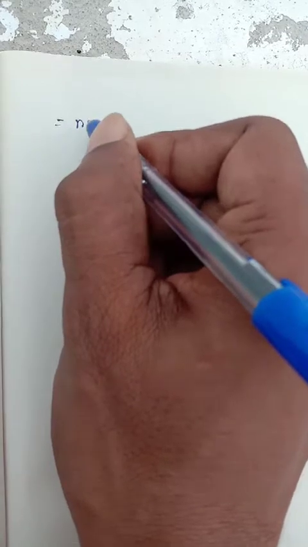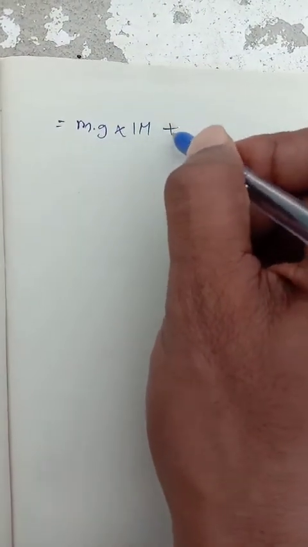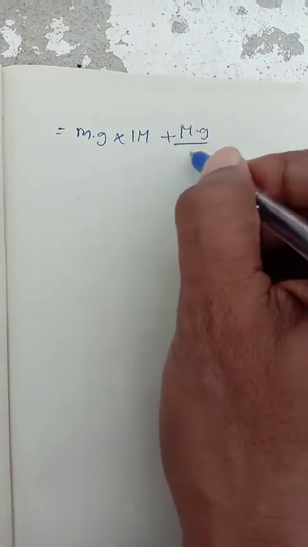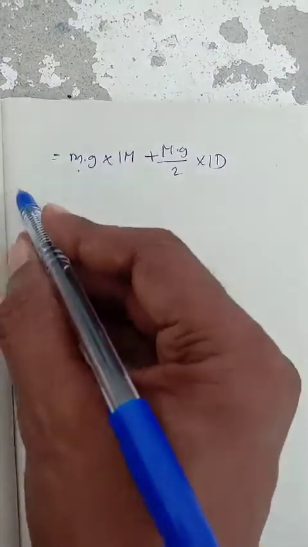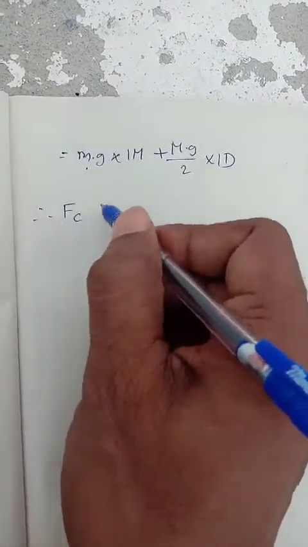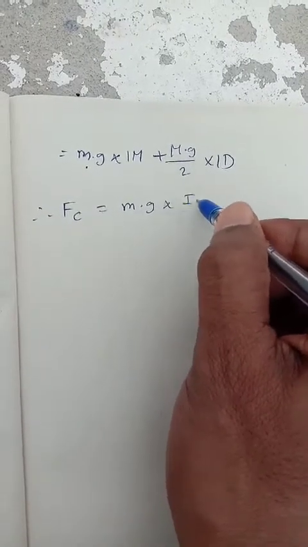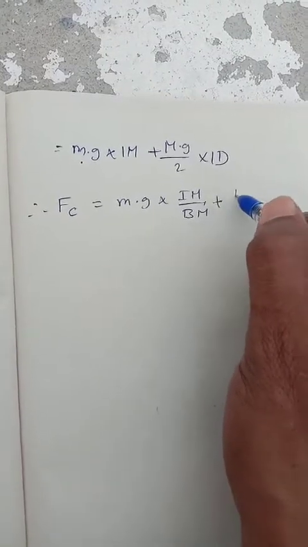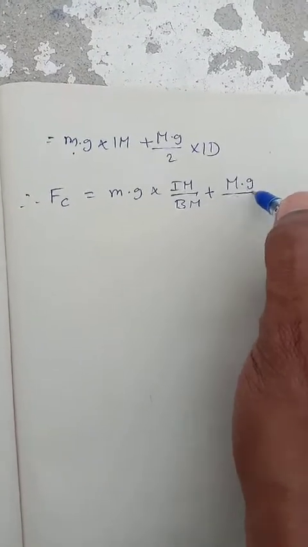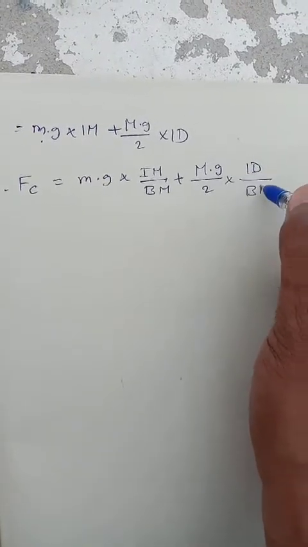And now we are going to substitute the values in here. m g into IM plus capital M g by 2 into ID. I substitute only W values in here. Therefore, FC is equal to m into g into IM by BM plus capital M g by 2 into ID divided by BM.